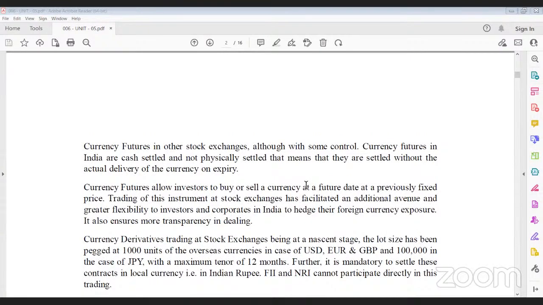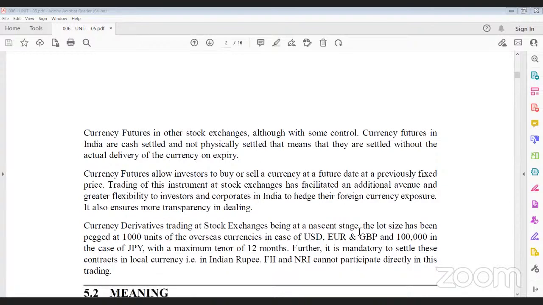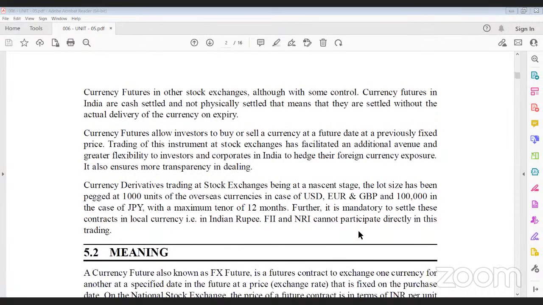call, facilitated and encouraged additional ways for investors and corporates in India to hedge their foreign currency exposure. And because of these foreign exchanges, there was a lot of transparency in dealing.